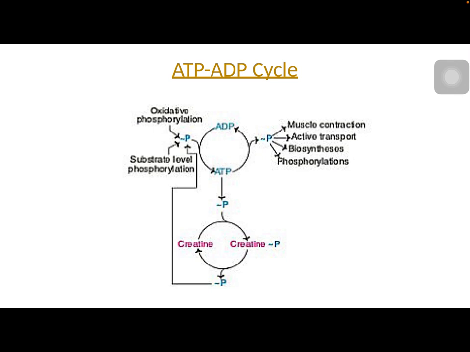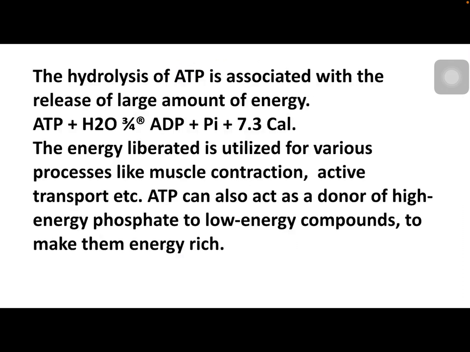Substrate level phosphorylation is otherwise called uncoupled oxidative phosphorylation, so the energy will be comparatively lesser. The ATP or high energy phosphate formed during these reactions is utilized for different biochemical functions, that is muscle contraction, active transport, biosynthesis, and phosphorylation reactions.